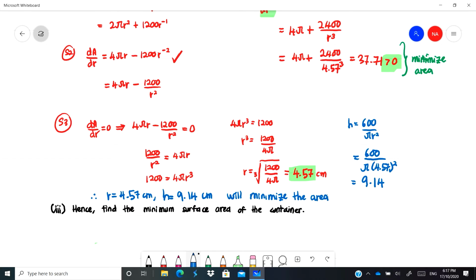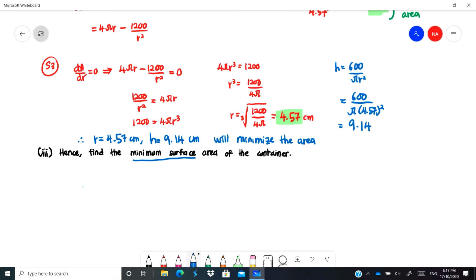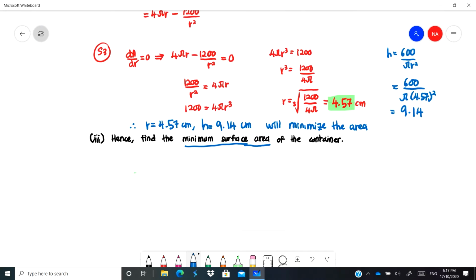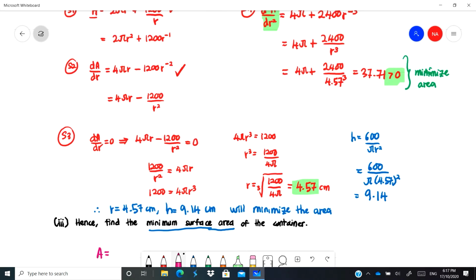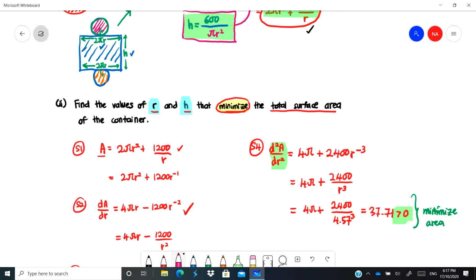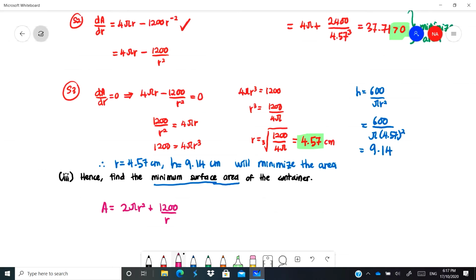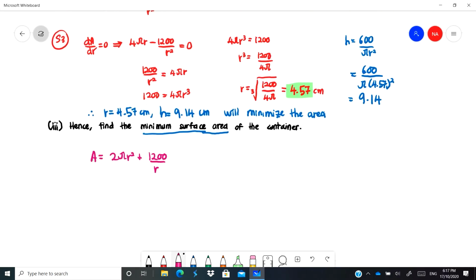Right, so now we're going to find the minimum surface area. In this case we want to find the minimum surface area, so we'll have to substitute the value of r into the formula for area. So firstly, we'll just write the formula for area, which is given by A. The formula for area is actually given by 2 pi r squared plus 1200 over r.